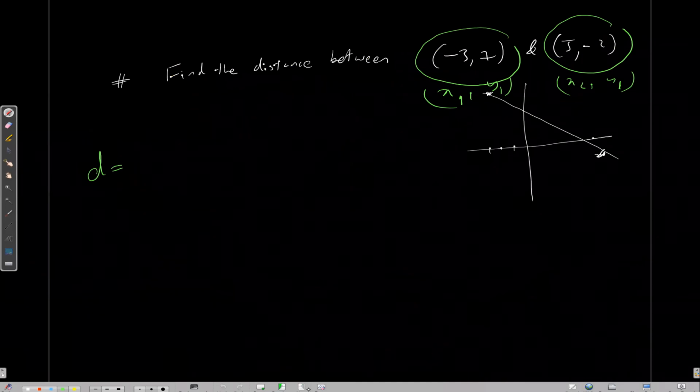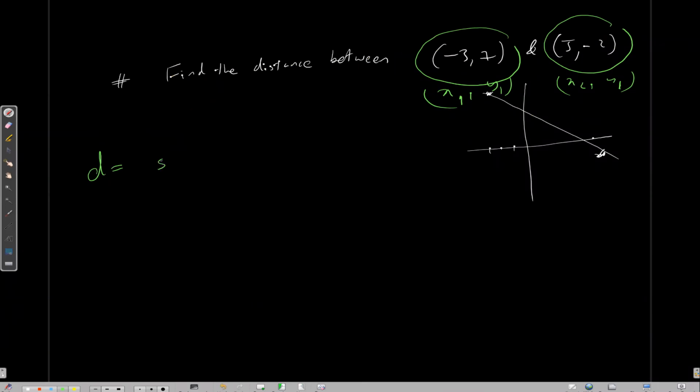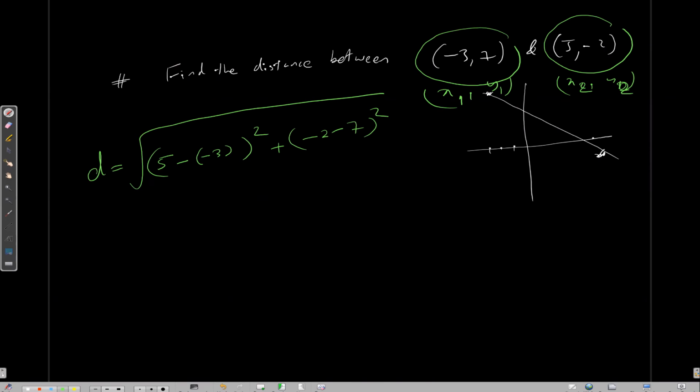So x difference, x2 minus x1, 5 minus -3 squared plus y2 minus y1, so -2 minus 7 squared, square root.